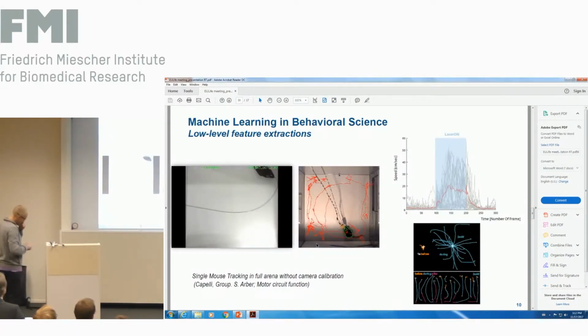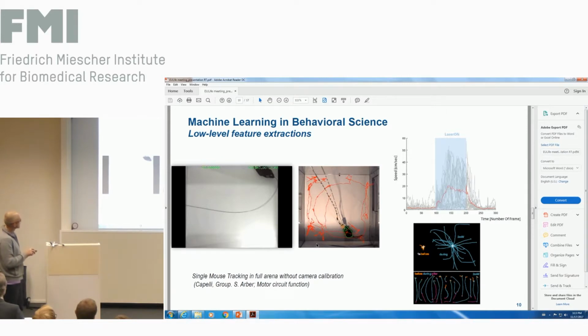So now we will step to some examples. Here we have a single mouse running over. These are typical applications that we do for low-level feature extraction. We just care about being able to extract the blobs, the intensity corresponding to the body of the mouse, and we analyze the different features extracted from the trajectory.